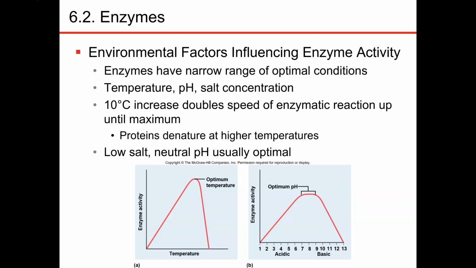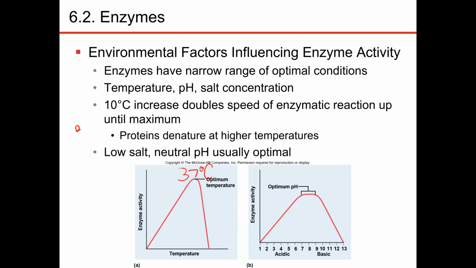Enzymes have very narrow ranges for where they work. So an enzyme might work most effectively at, say, 37 degrees Celsius. And what that means is it's going to work really well at our body temperature.